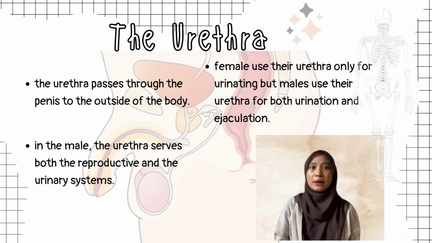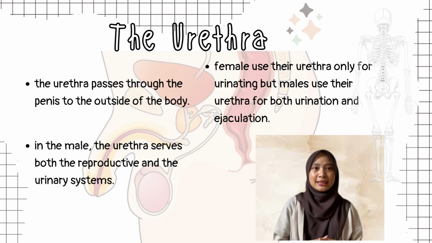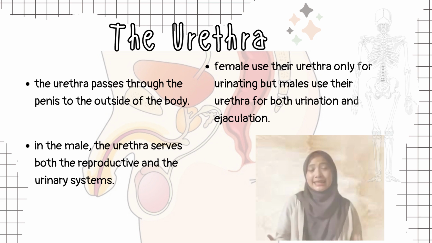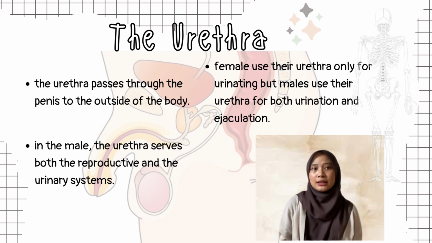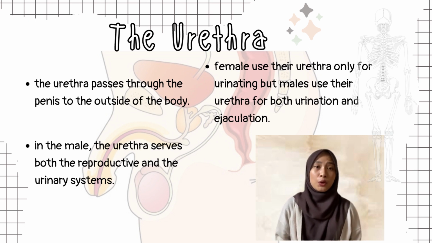The urethra passes through the penis to the outside of the body. Also, in the male, the urethra serves both the reproductive and the urinary system. Last but not least, females use their urethra only for urinating, but males use their urethra for both urination and ejaculation.